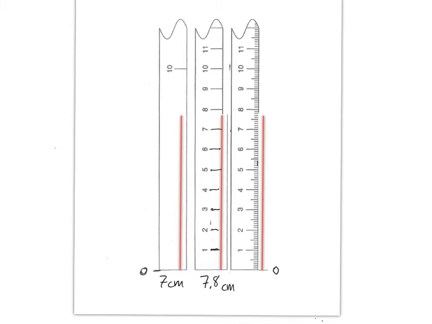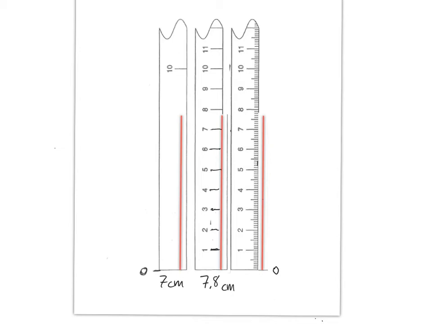Now we've got a new ruler, and we're all the way to the right now, and we're going to make a measurement of the same object using this ruler, which has many more graduations to it. What we know here for sure is this line is somewhere between 7.7, that mark right there is 7.7, and 7.8.